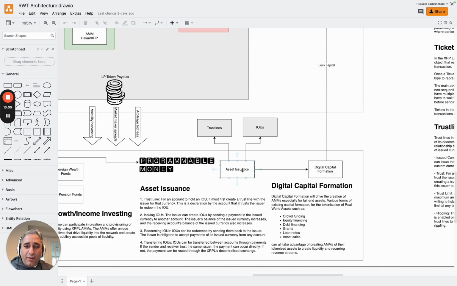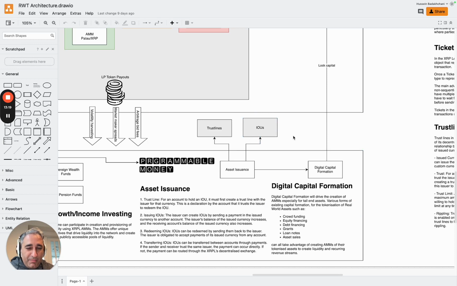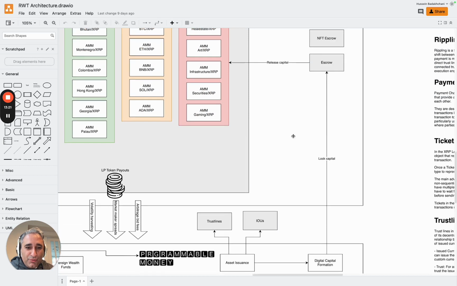So if I have real estate in Dubai that I want to tokenize, I can issue these assets using trust lines and IOUs on the XRPL. Probably should put them into that square there. And then I can proceed to attempt to form capital around the tokenized assets.